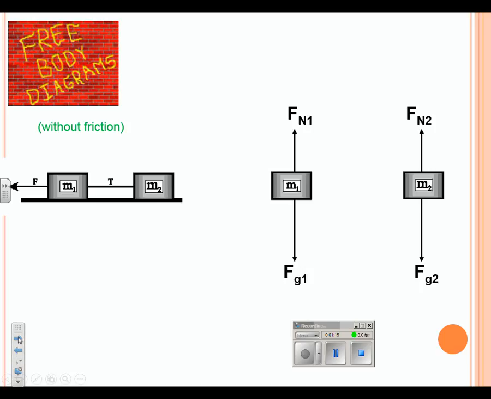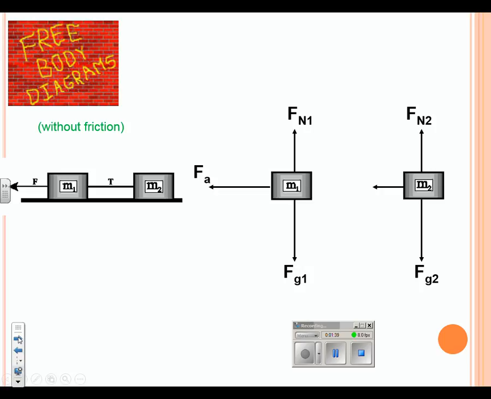Then I'm pulling on mass 1, and I'm pulling to the left. So I would have to put an applied force to the left on mass 1. Well, mass 2 is not getting pulled to the left by that force. What's actually pulling it is the tension.